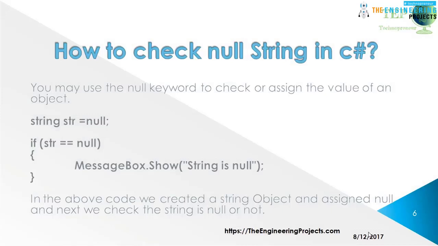You may use the null keyword to check or assign the value of an object, such as string str is equal to null. If str is equal to null, then the message shows that the string is null. In the above code, we created a string object and assigned null, and next we check whether the string is null or not.